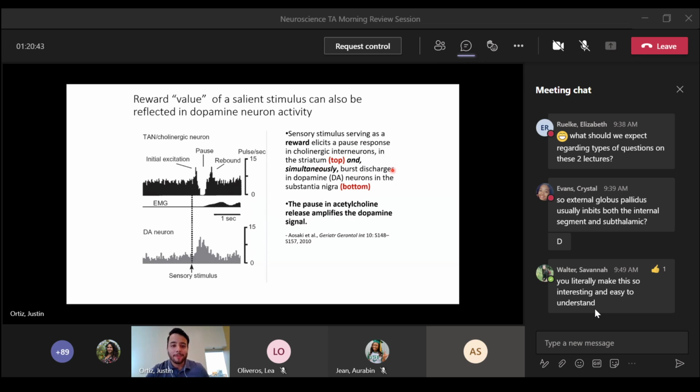Okay. And what they found is that that quick pause in acetylcholine, that quick pause in your movement, is what causes a quick burst in dopamine, right? So what they found is that this actually elicits a reward, right? It elicits habits. So simultaneously, when the cholinergic interneurons pause in the striatum, it causes a burst in dopamine, right?